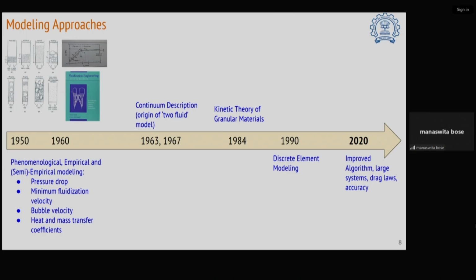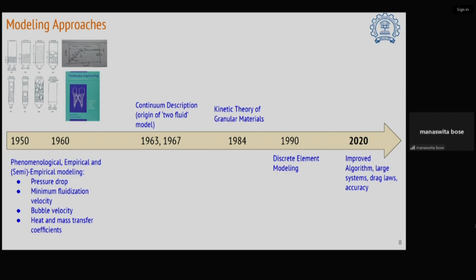The continuum description of a fluidized bed was proposed in the 1960s, and that is the origin of the two-fluid model. However, what was lacking at that point of time was a constitutive relation for the solid phase, and that was closed during the 1980s, when the kinetic theory of granular materials was proposed and developed.